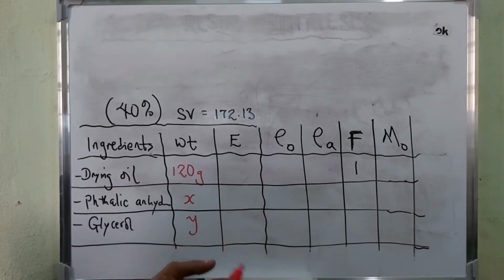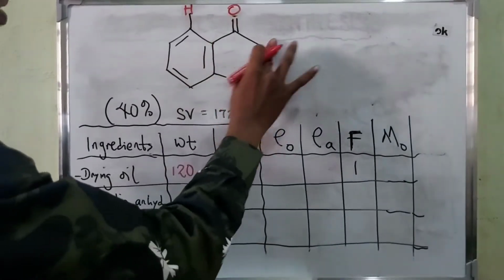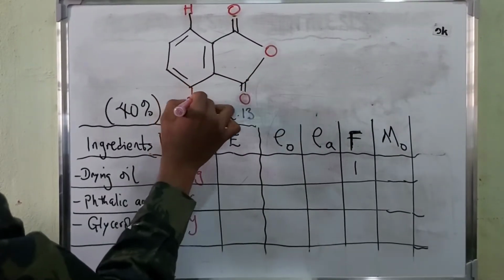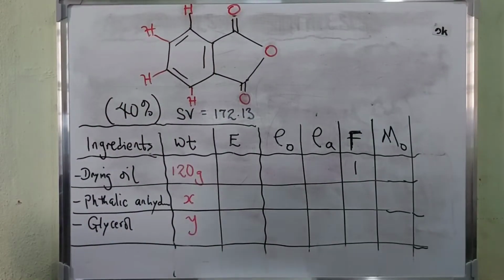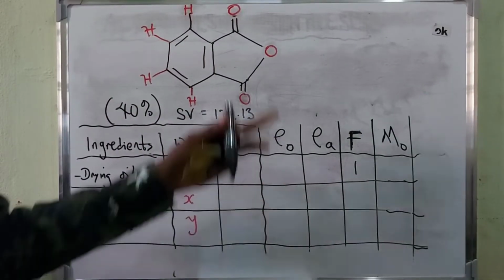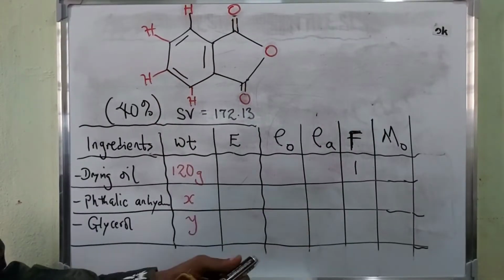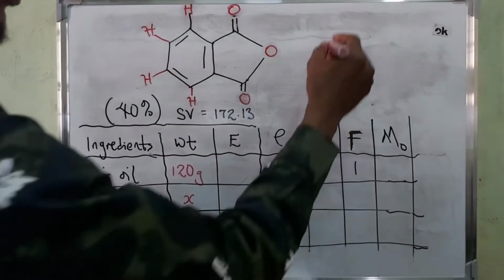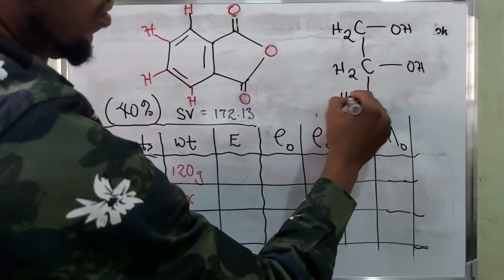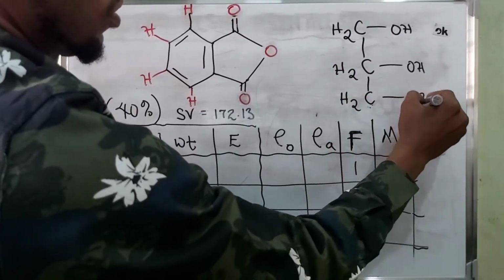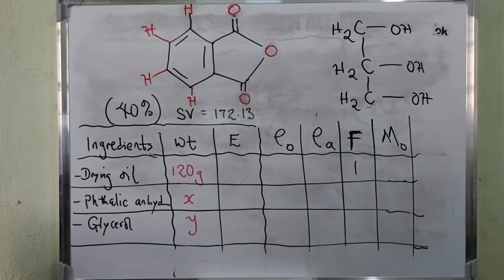Let me draw the structure. Here. So this is our acid anhydride, benzene 1,2-dicarboxylic acid. So we also have propane 1,2,3-triol. You can see these are their structures, and we just need to determine their functional group number.